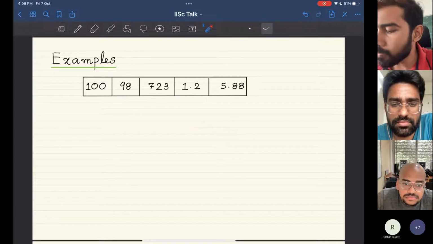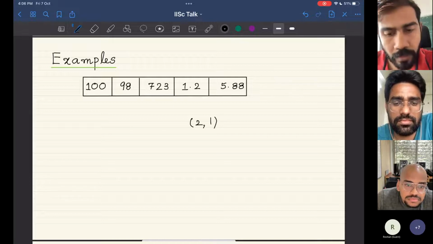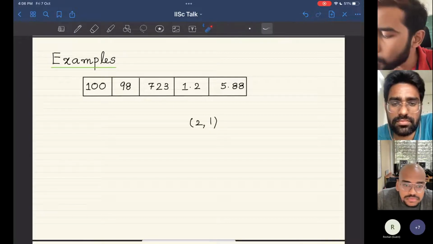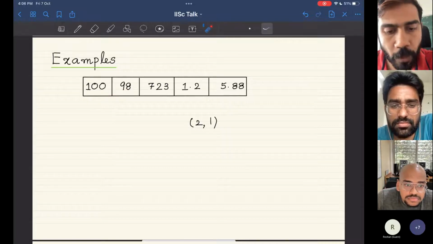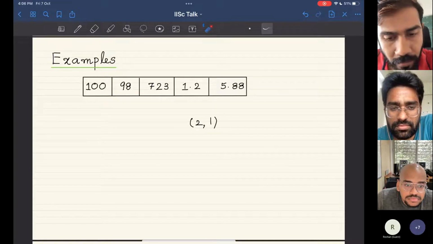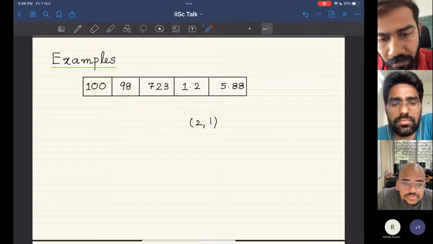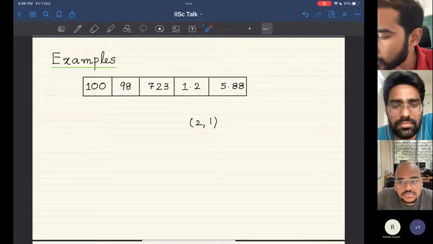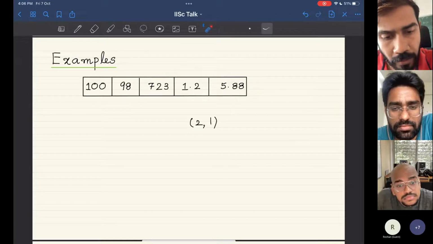So 2-1 is a permutation of length 2. For example, 198 and 101.2 form a 2-1 appearance because the values are decreasing. Or 723 and 5.88, right?